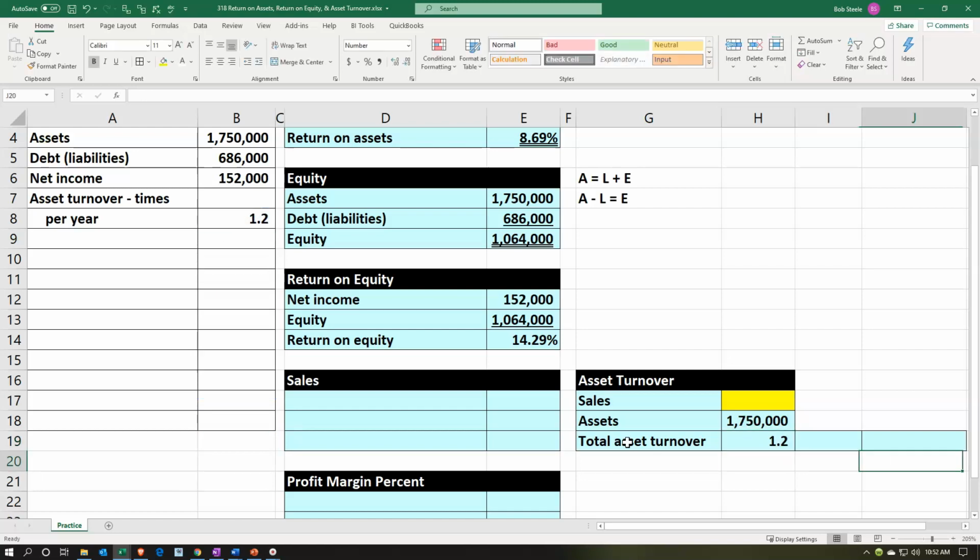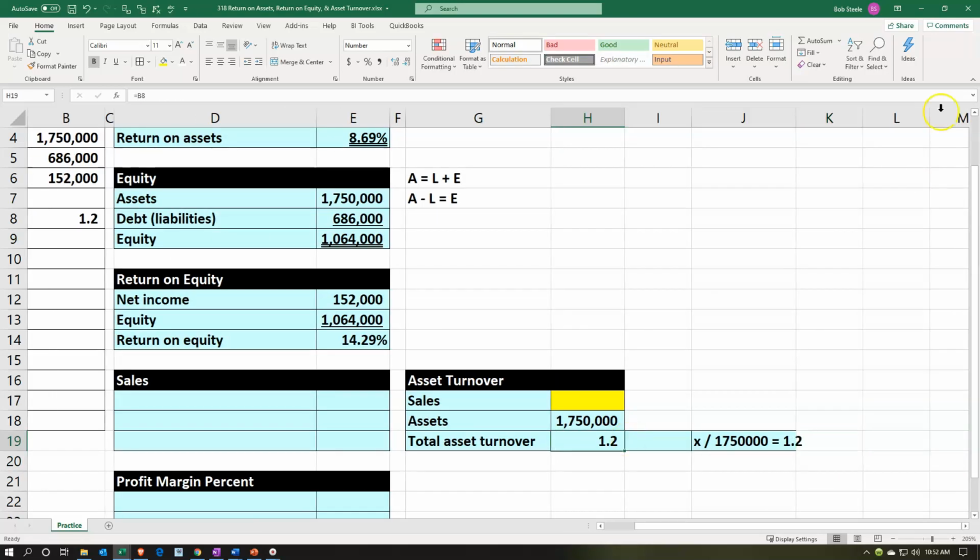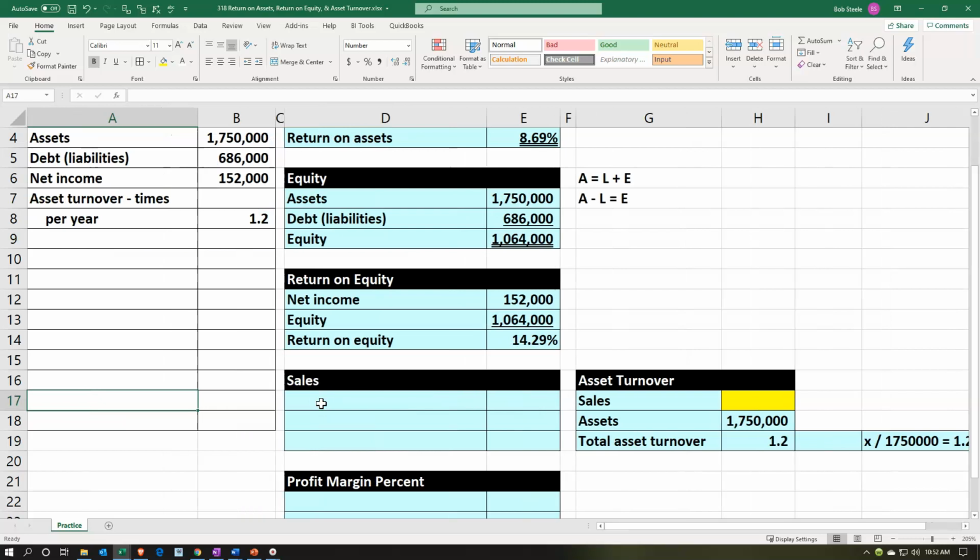So 1.2. Now I can write this down algebraically and do the algebra, which I would write down on a piece of paper now, right? X divided by the 175,000 is going to be equal to the 1.2, and then you could do the algebra. I won't do the algebra here, but I'll do it in a vertical fashion.